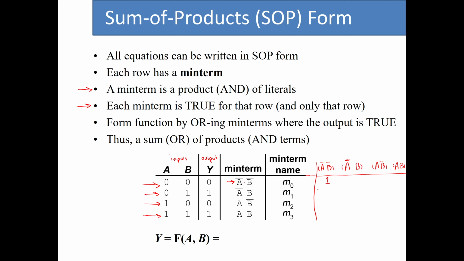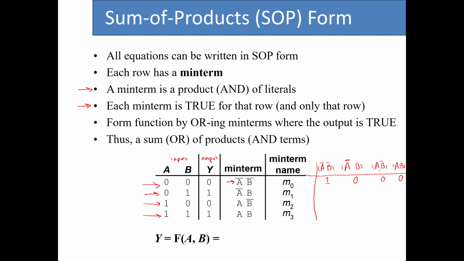Recall from the definition of the basic AND gate that we had. But what about the rest of these? A bar B is going to be 0. Why? Because even though A bar is 1, B is 0 for this specific row. So the AND of 1 and 0 is going to be 0. The same is true for this one and this one as well.